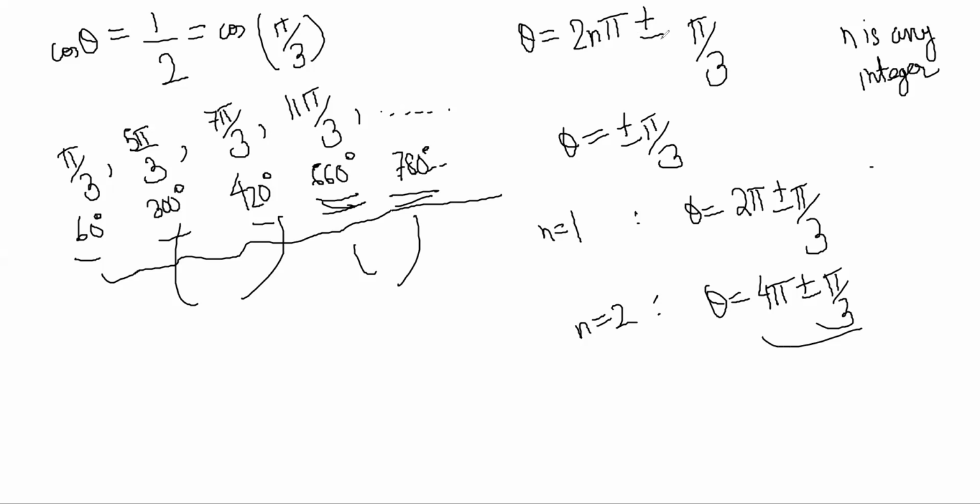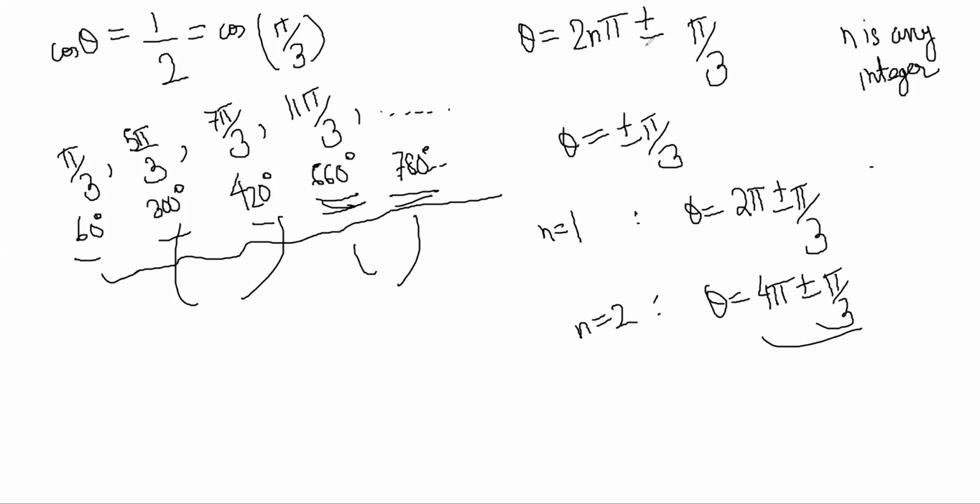See, 2n pi plus minus pi by 3 means all the answers are near some even multiple of pi, and on either side of it at a 60 degree gap. So near 360 degree, 300 is a solution and 420 is a solution. Similarly, near 4 pi, 4 pi minus pi by 3 is a solution, and 4 pi plus pi by 3 is also a solution.